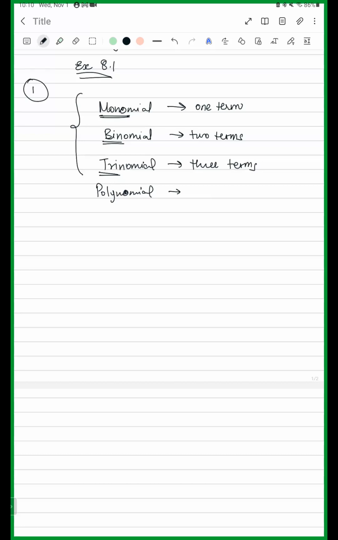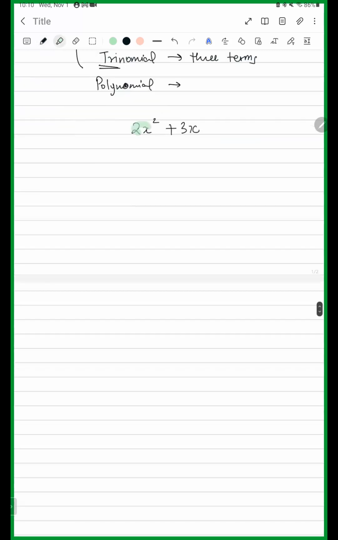The kind of questions you may get is, for example, write whether each of the following is a monomial, binomial, or trinomial. If you get something like 2x square plus 3x, this has two terms, so it is a binomial.